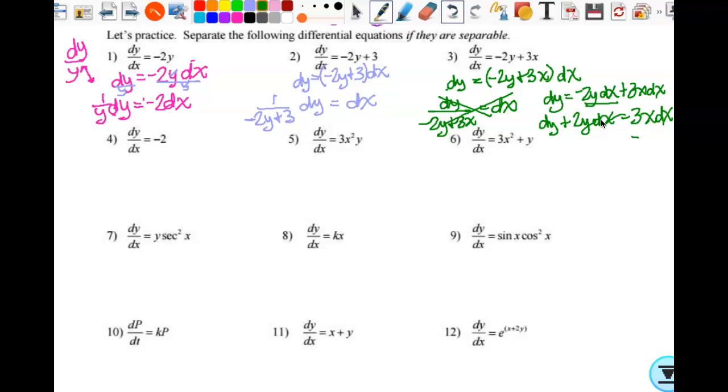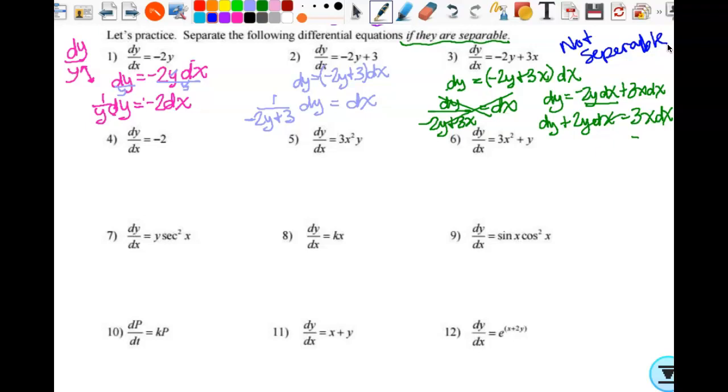There's no way for me to get this dx out of there. You see that? So because it says right here, if they are separable, the answer to this one is not separable. Okay, not separable. Do you understand why?